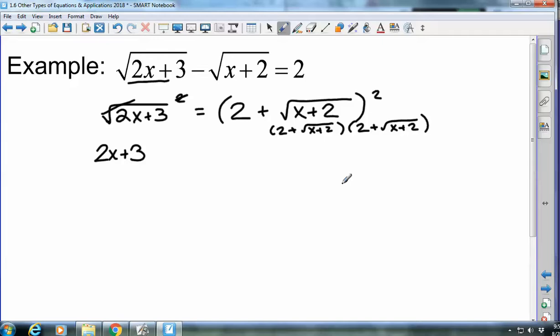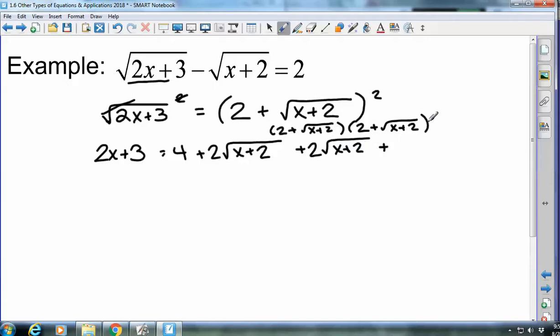So when I foil, 2 times 2 will give me a 4. Can you take that 2 under the radical? No, so that's just going to remain 2 radical x plus 2. Inside, so plus another 2 radical x plus 2.